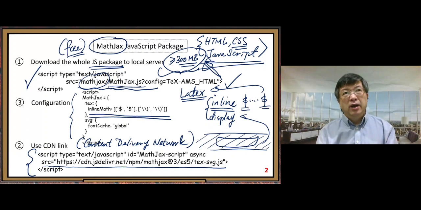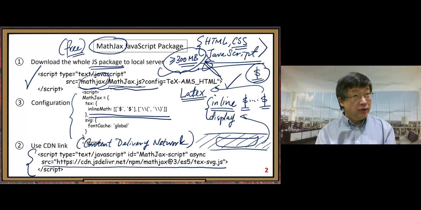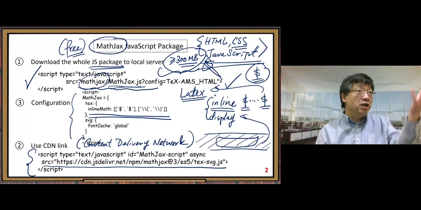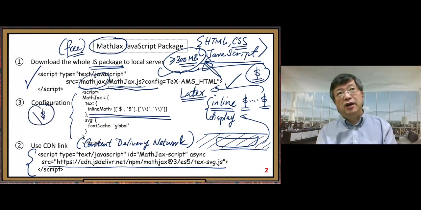Why? Because in our math questions, many times we need to use the dollar sign for dollar symbols. In LaTeX, when you use a dollar symbol, you can escape it with a backslash and dollar sign. Although in web pages we can do that, it's not convenient.